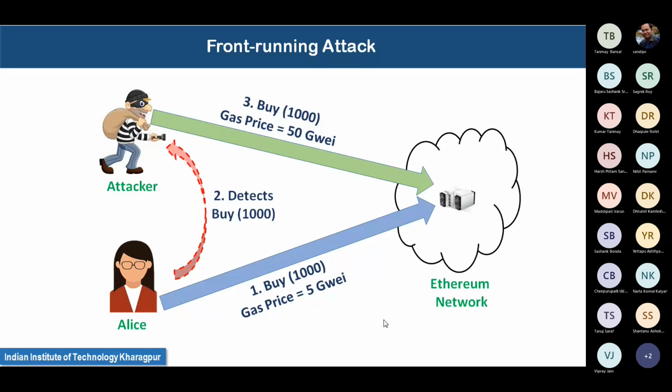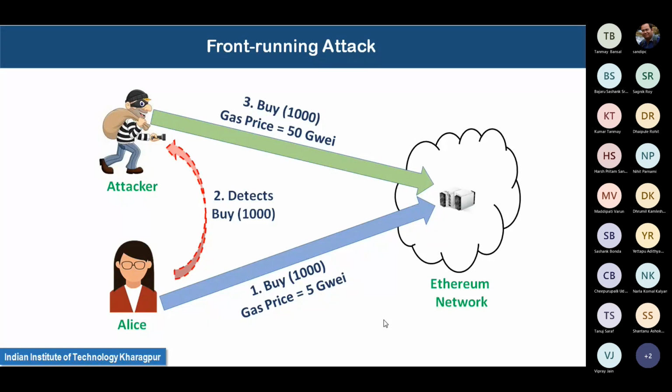So when the miner sees that the transaction of the attacker is offering 10 times the transaction fee, then, as we have discussed before, it is more likely the miner would be interested in including that transaction in the next block. So it might leave out the transaction of Alice, or while ordering the transactions to be included in the block, the miner might put the attacker's one before that of Alice.